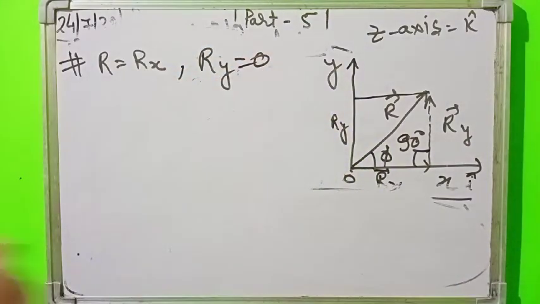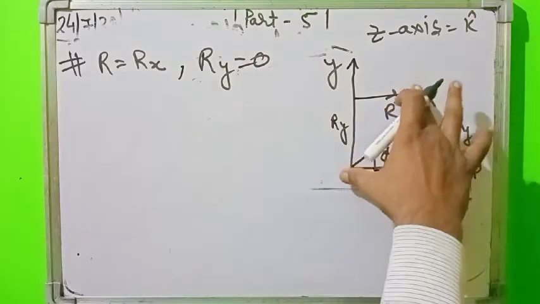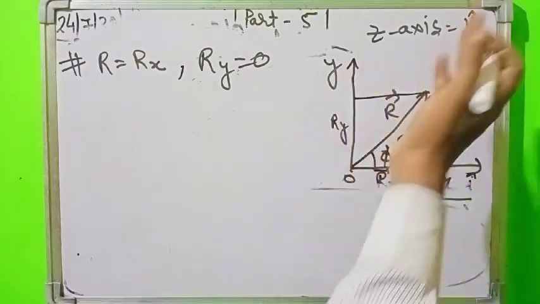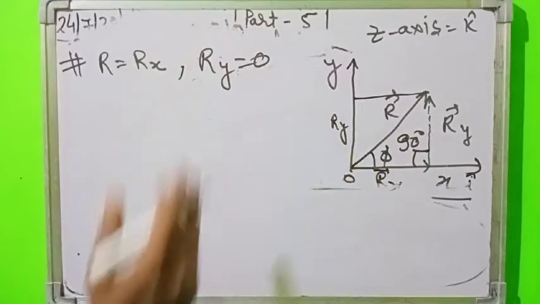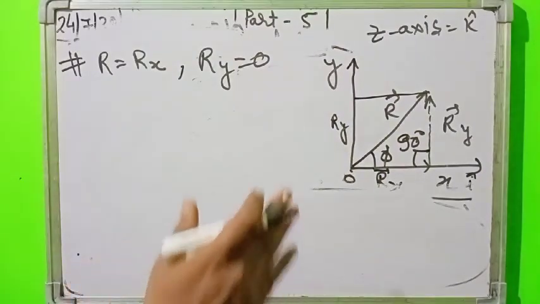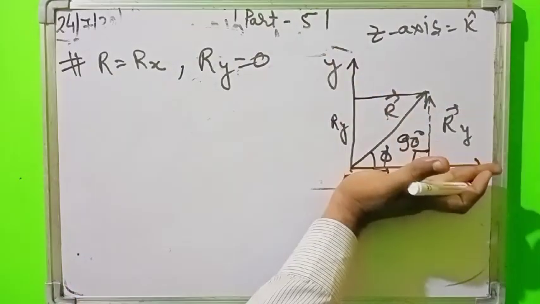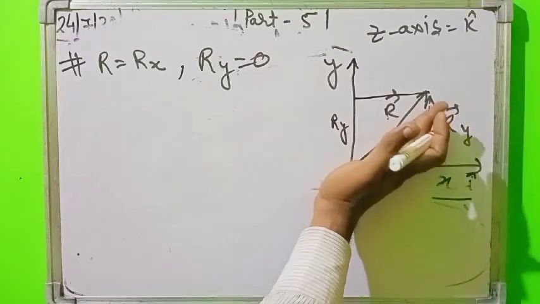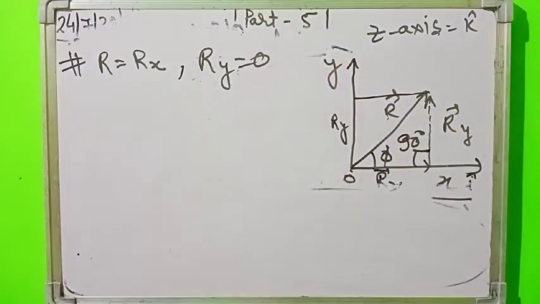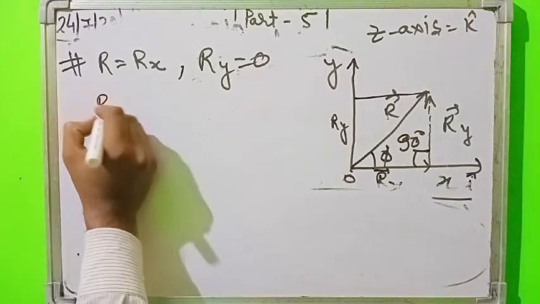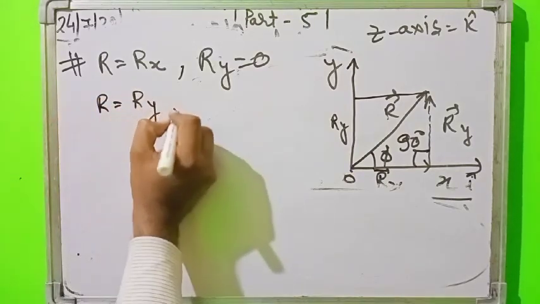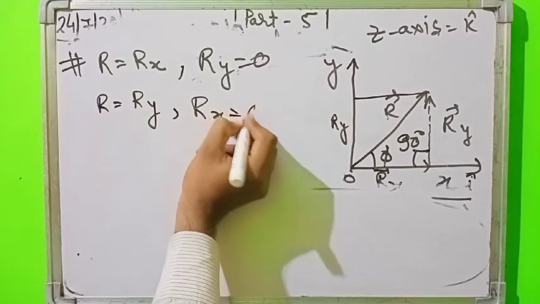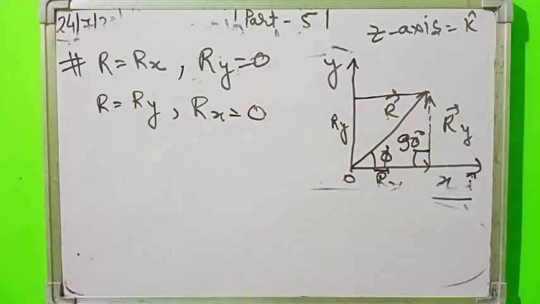Suppose this r vector is along this, it means the component along y direction is 0. If this vector is coinciding with this vector, then there is no component of this vector along this direction. And if r is equal to ry, then rx is equal to 0.